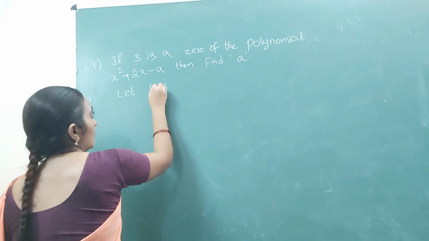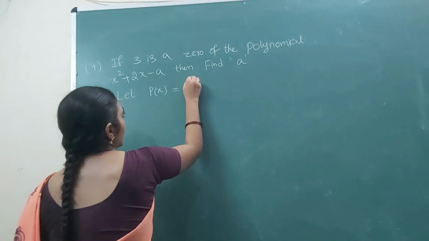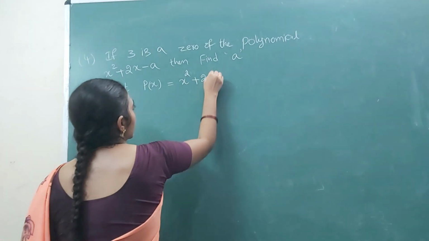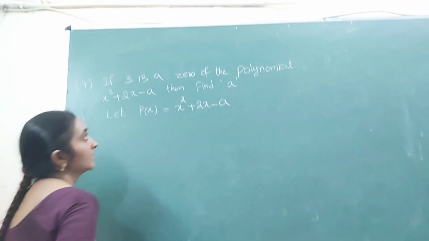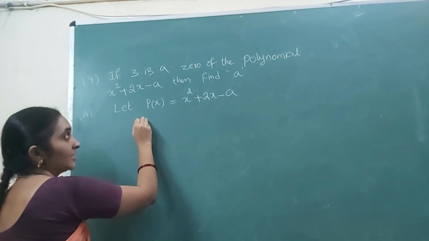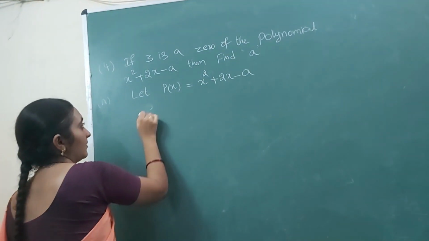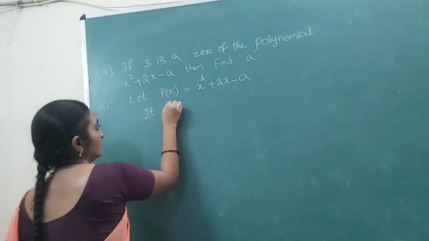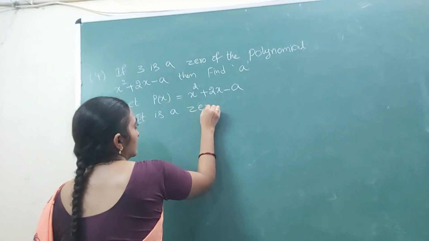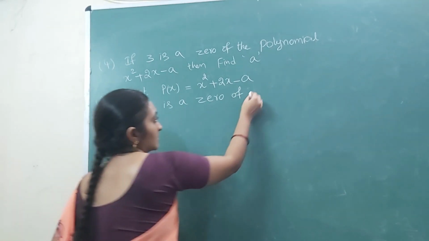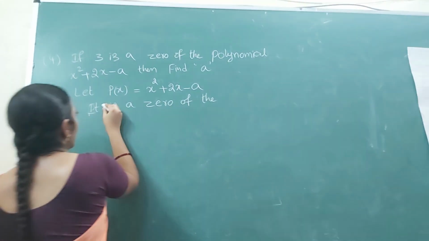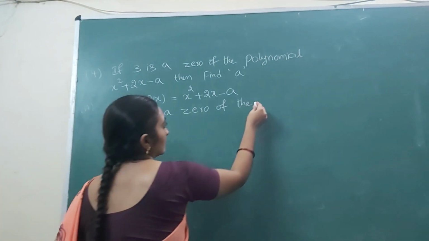Let p of x is equal to x square plus 2x minus a. Since 3 is a 0 of the polynomial, p of 3 is 0.